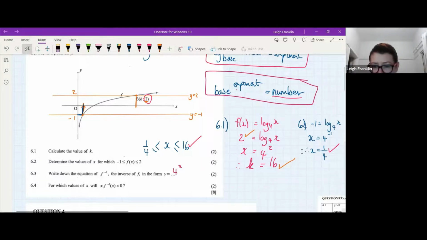With these sorts of questions, Matrix, they're asking you for a domain: between which values of x is this happening, or is it happening when x is smaller than a certain number, or bigger than a certain number? That's what they're asking you.